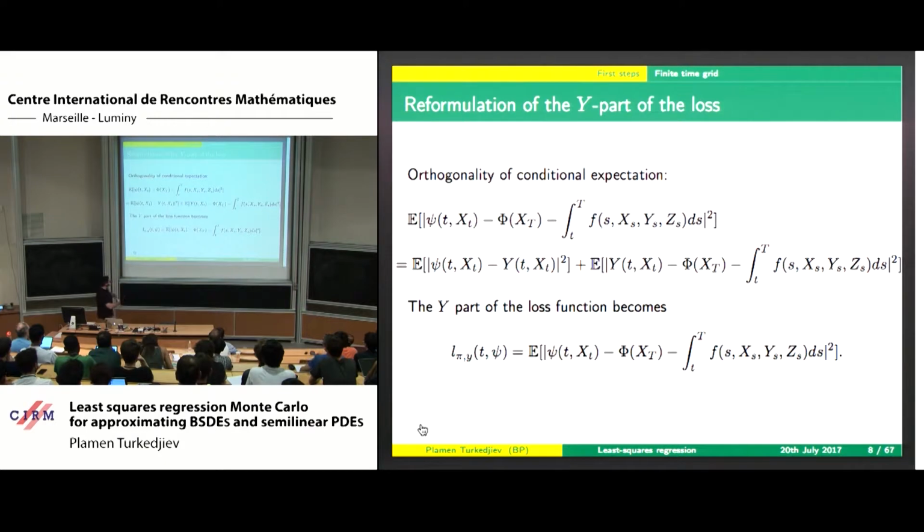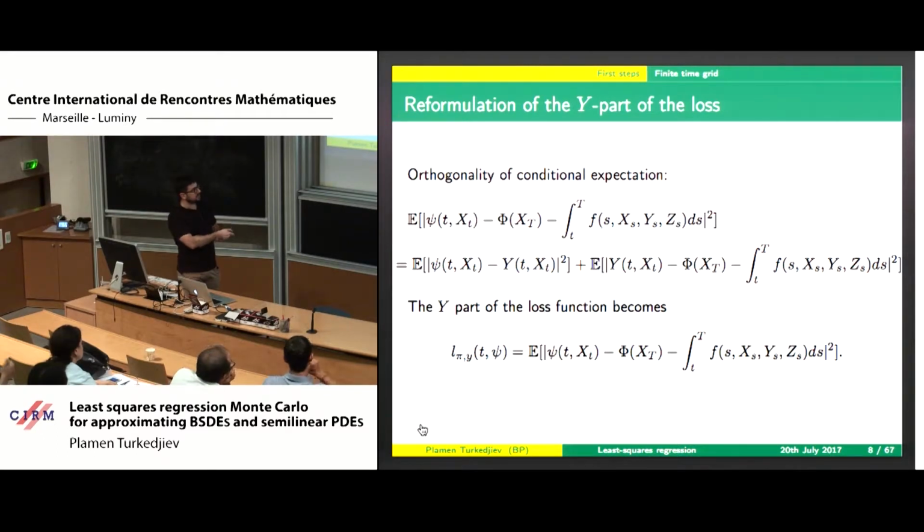The whole reason this is more tractable than what we had before is, of course, we know what y is at time capital T. It's just phi of X. So in the future steps we're just going to work backwards in time, starting from time capital T, to evaluate y and z at all the earlier time points and thereby form this integral. Okay.